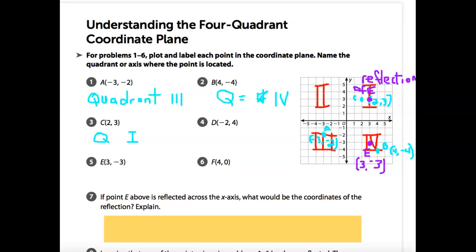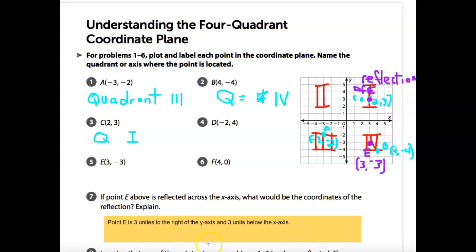We had said that point E is 3 units to the right of the y-axis and 3 units below the x-axis.